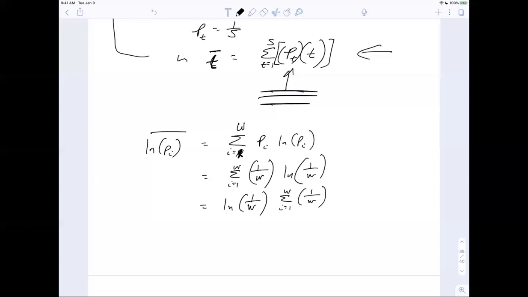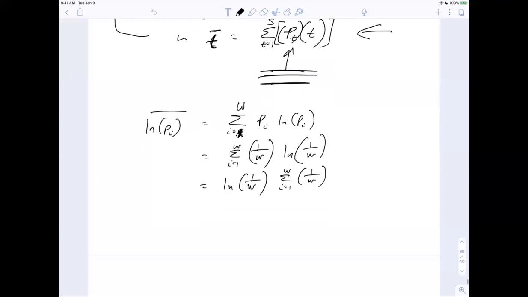It looks like a harmonic series. It looks like it diverges to infinity. Well, what is 1 over W? What have we defined 1 over W as? The probability of any state.